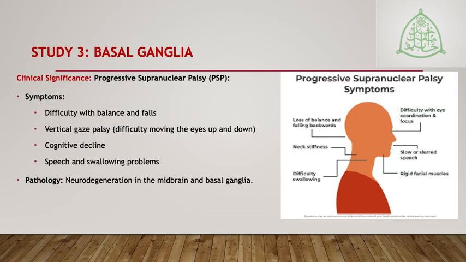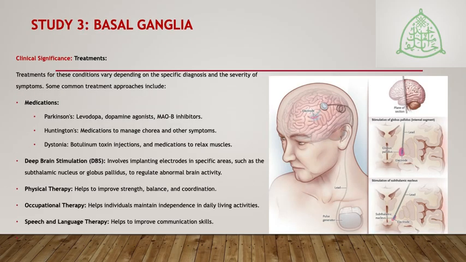So there are more types of conditions associated with the basal ganglia, and you can read some of it. For treatment, for most of these we do not have a complete treatment, but rather we have something to maintain these particular conditions, like the dopamine agents.